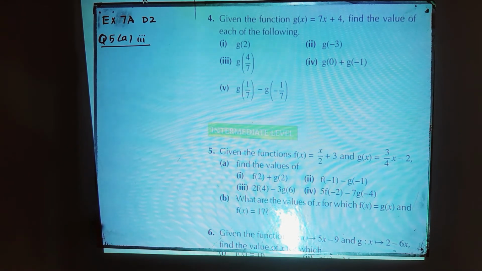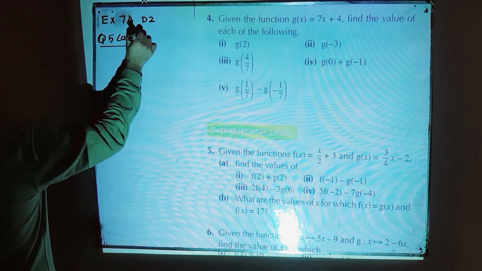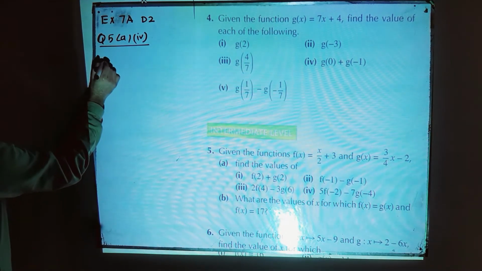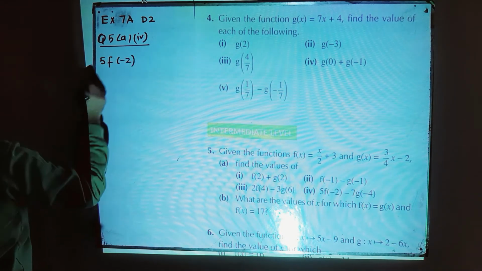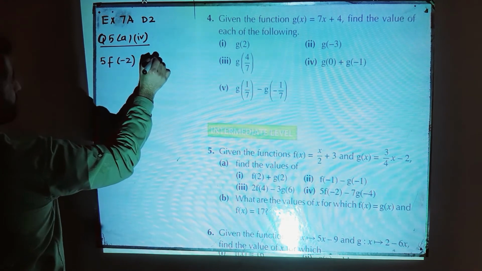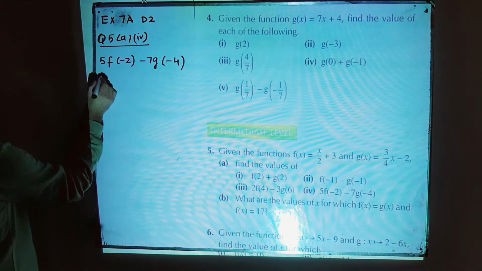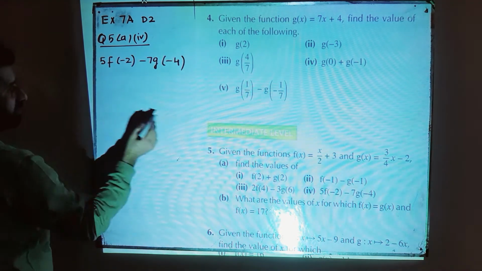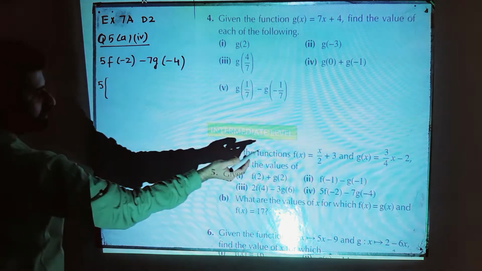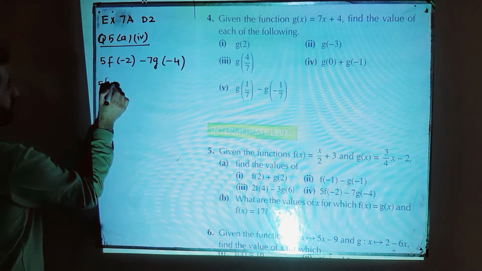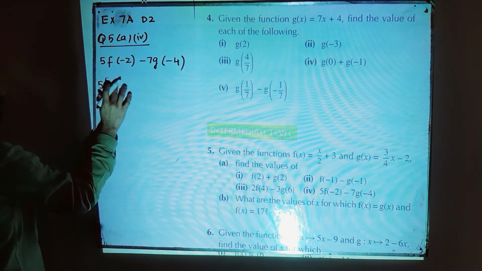Then we have part number 4 from the same question 5, and that is to find the value of 5f(-2) minus 7g(-4), where we have got the value of f(x). So I'm just putting that over here directly. f(x) is x by 2, and then in the next step I will use x equal to minus 2, or you can replace it.